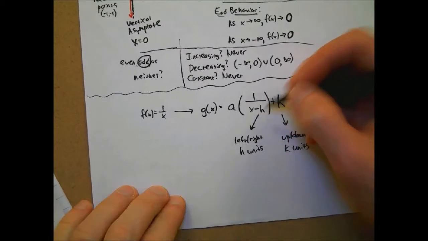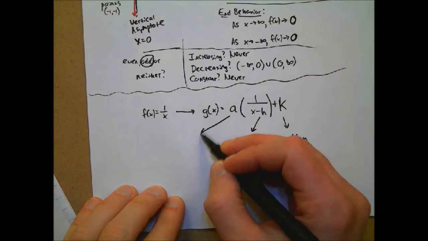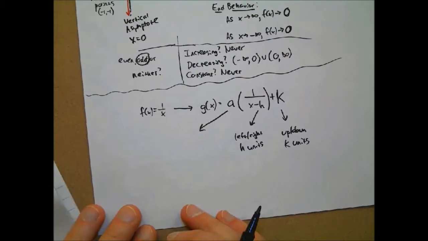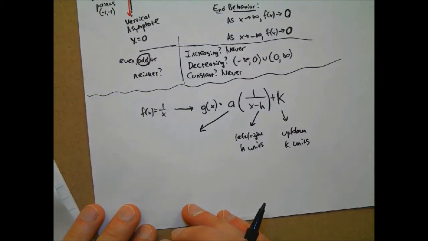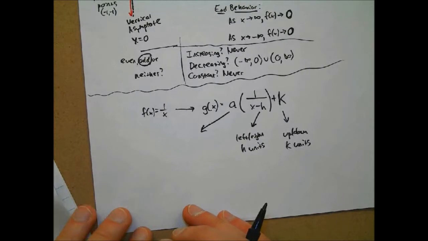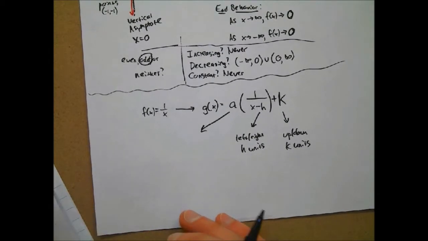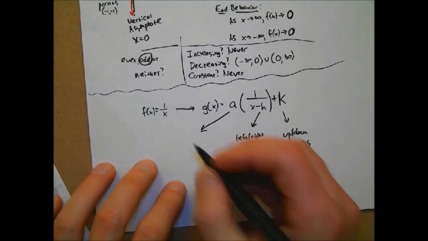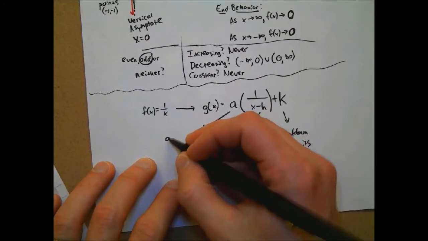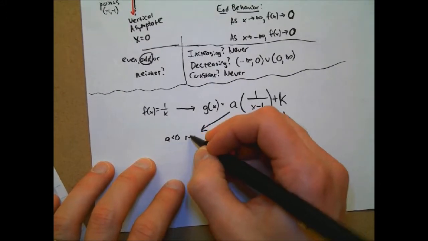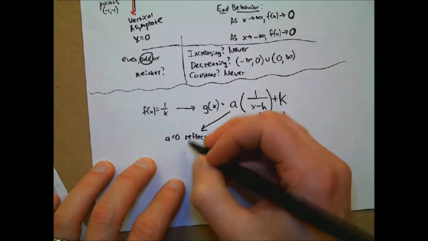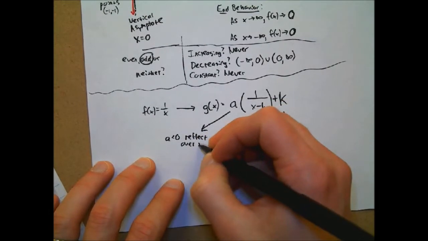And then what is this a going to do? Reflect, and also does a stretch. Vertical stretch or shrink. So yeah, if a is less than 0, reflect over the x-axis.